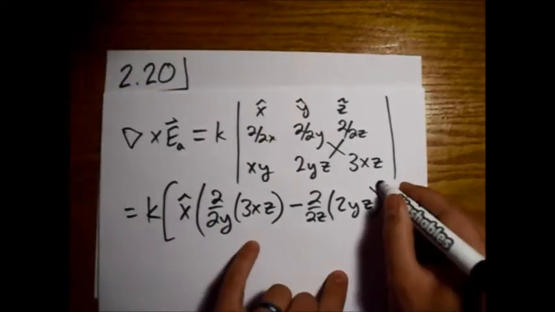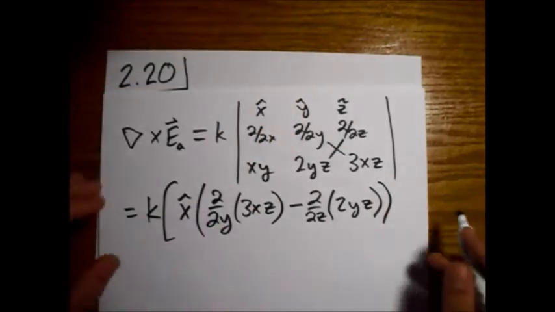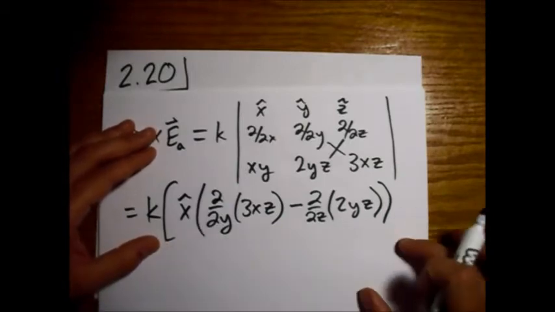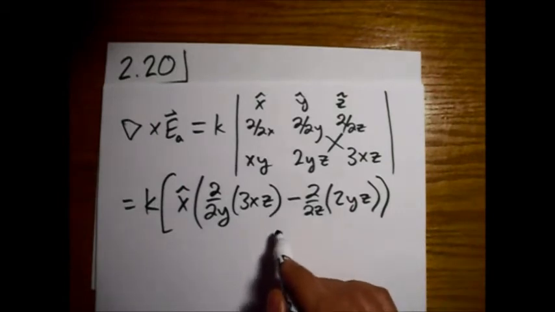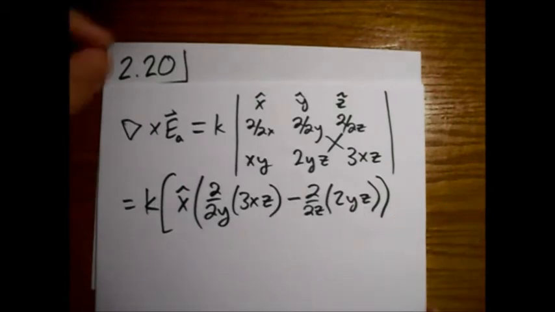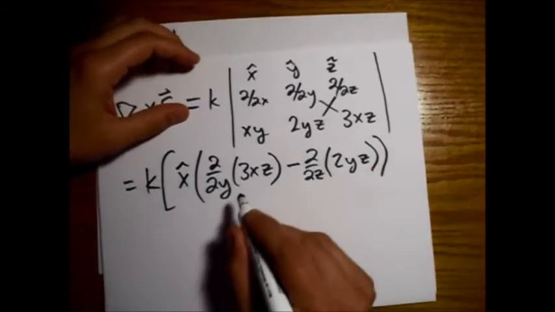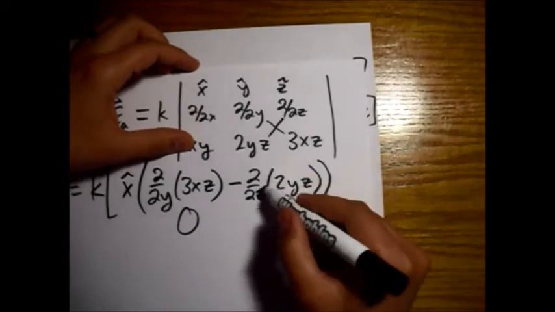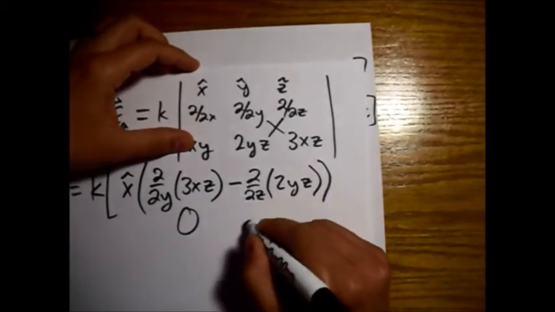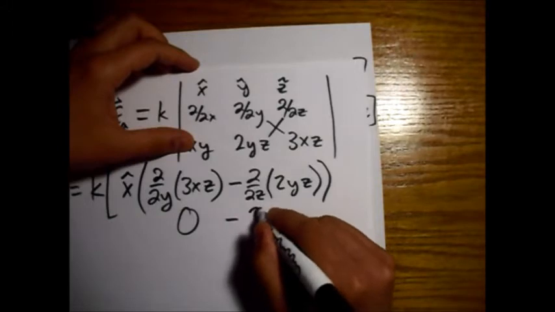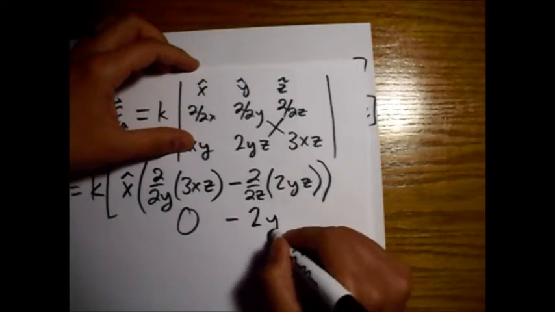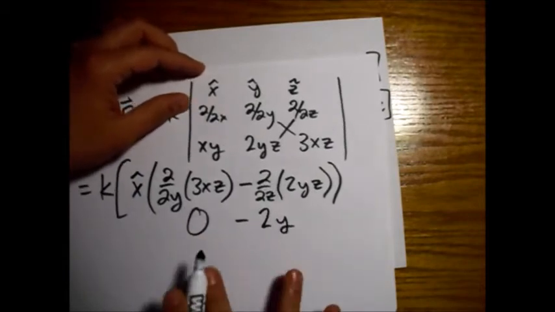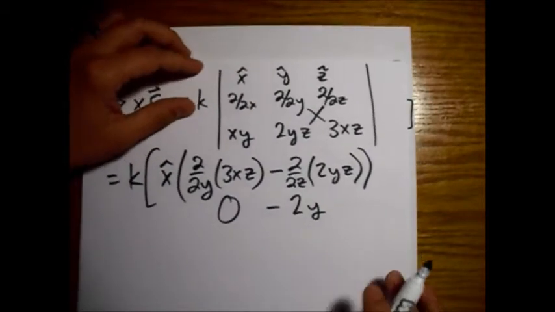Alright, and then we'll have a minus y hat component here. Let's just double check this one real quick to make sure this one goes to 0. So d by dy of this is 0, good so far, but the derivative of this is 2y.